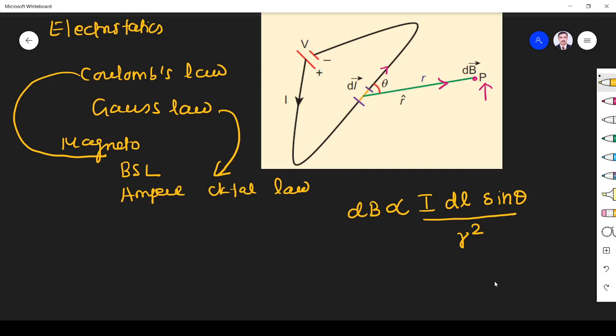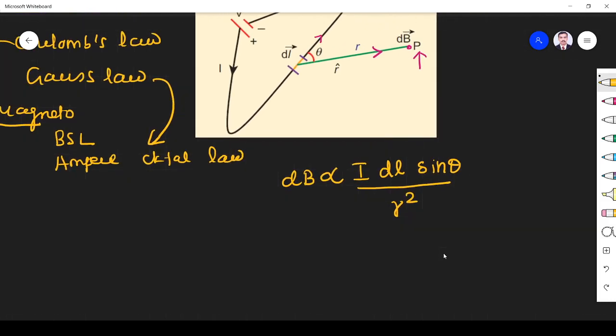So we can replace the proportionality constant by K, which is mu naught by 4 pi. So dB is equal to mu naught by 4 pi, Idl sine theta by r square.